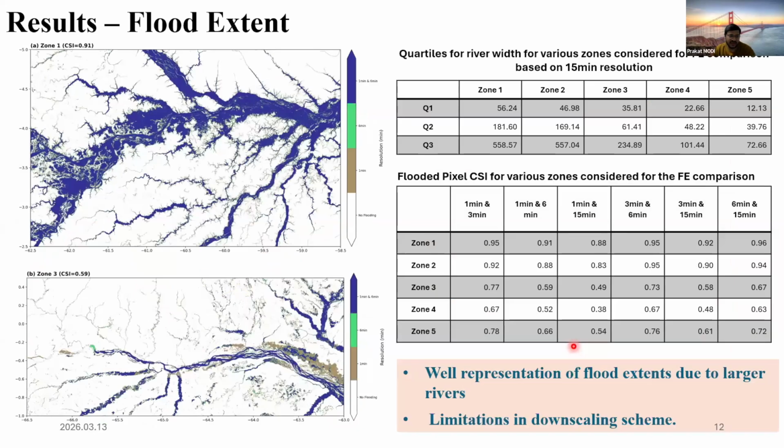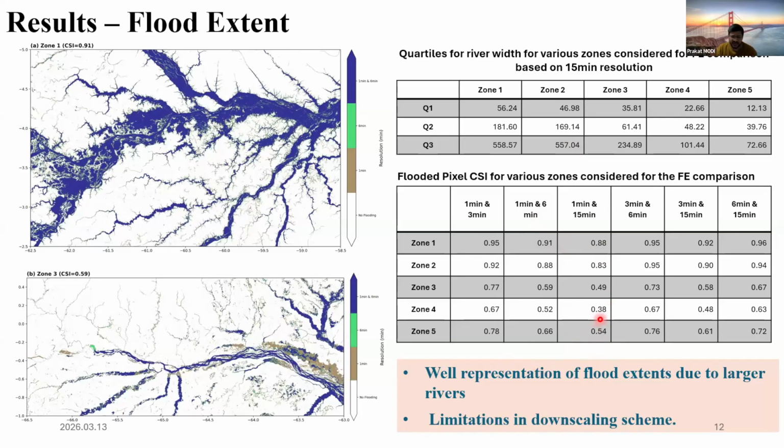We also found, when we compared the flood extent, that for the larger rivers the critical success index was very high, like 0.88 or 0.91, whereas for smaller streams it reduced to 0.54 or 0.38.